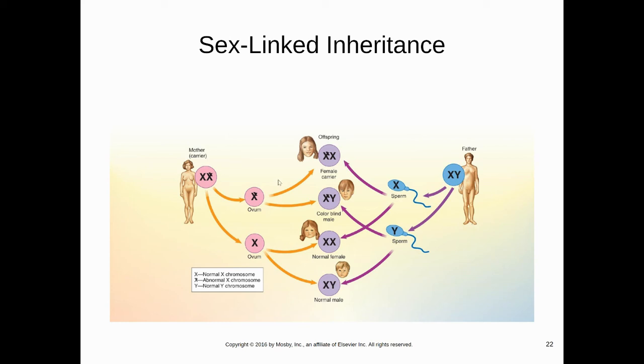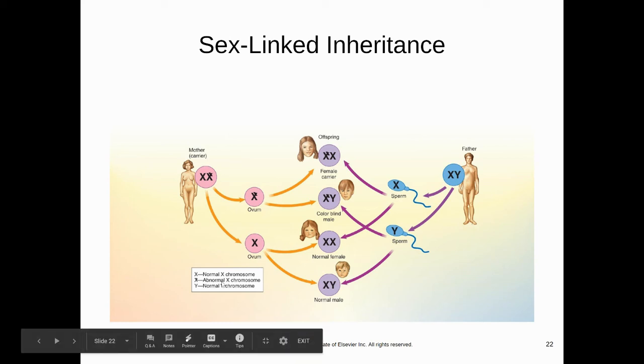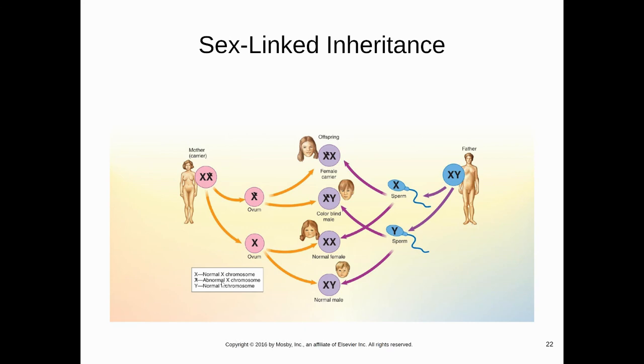So when we look at this here, we can have color blindness as an example of a sex-linked trait. It's recessive, so the regular X chromosome is going to overpower the other X chromosome. So the mother here is going to be a carrier.